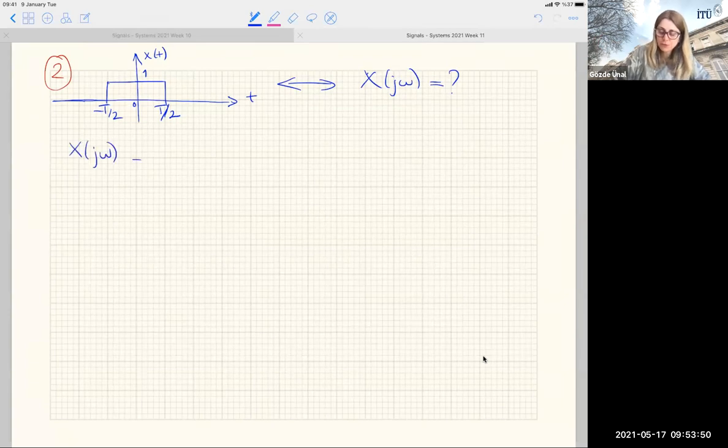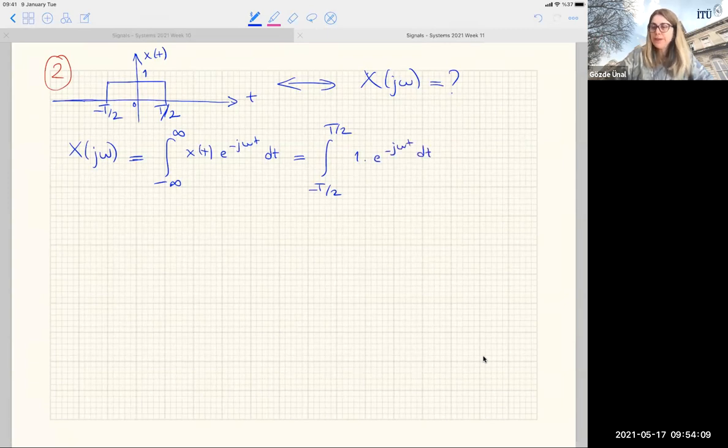Just apply the definition: integral from minus infinity to infinity of x of t e to the minus j omega t dt. It's non-zero, equal to 1, in some range. Now do the math.